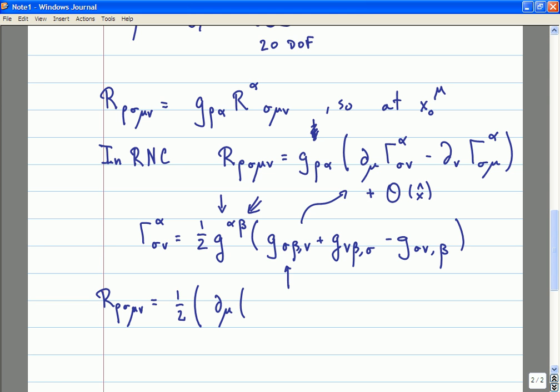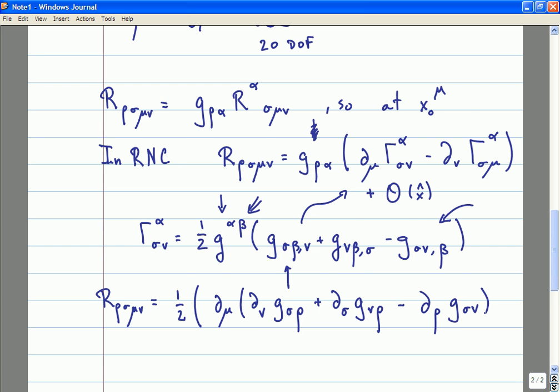So all of the betas in the Christoffel symbol will become rhos. So I have the derivative with respect to nu of g sigma rho, plus the derivative with respect to sigma of g nu rho, minus the derivative with respect to rho of g sigma nu.